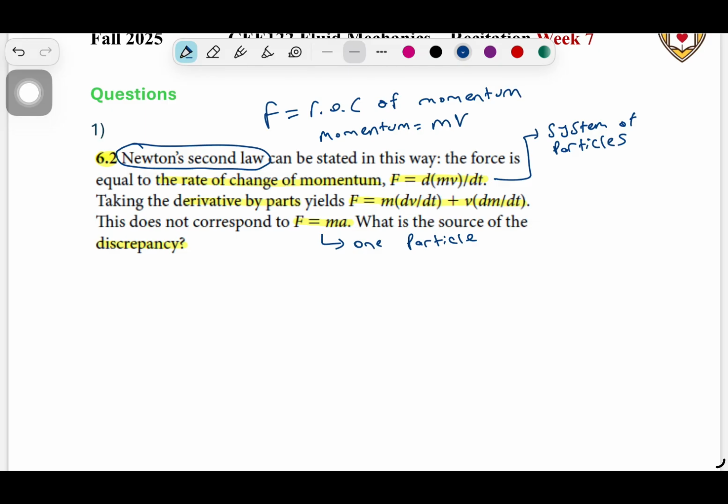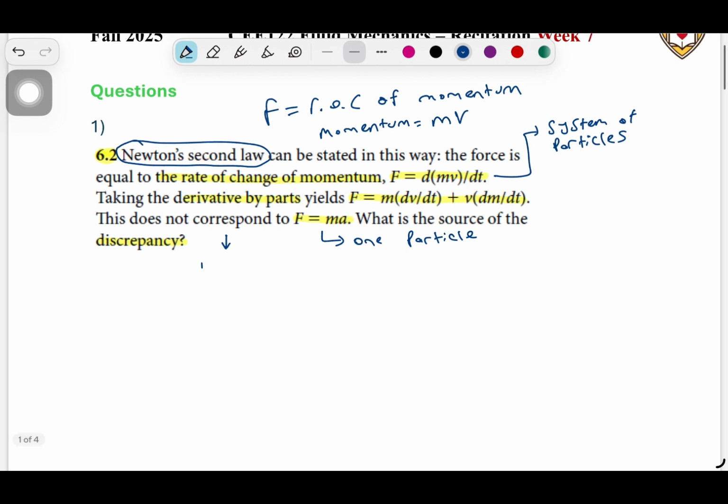So knowing that, we have another rule, and you can search your textbook. It also says Newton's second law is applied to, or is valid only for, constant mass.